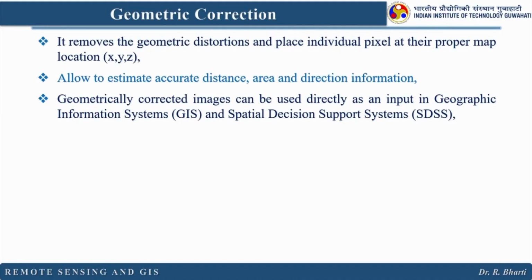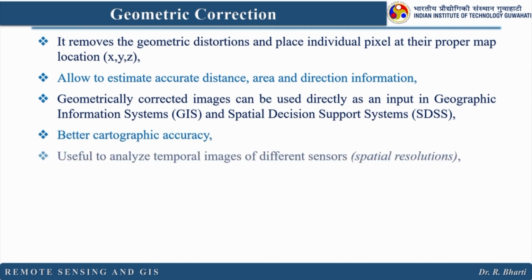Those are the information derived from the satellite image, and that will be part of your decision support system, or in your big problem it is going to be used as an input, right. In that case you need to make sure that geometric correction has been applied on the collected image, and better cartographic accuracy. So, it will represent the true area or true representation of the area.